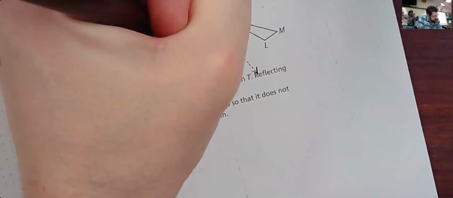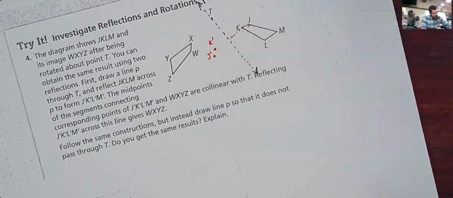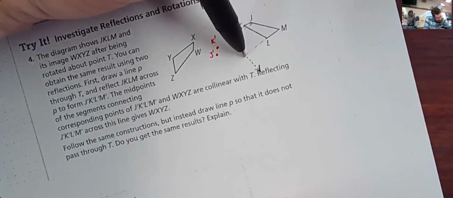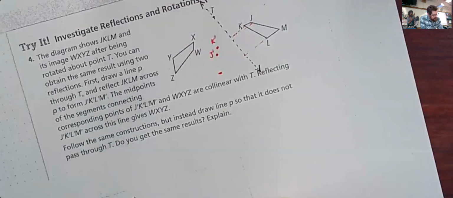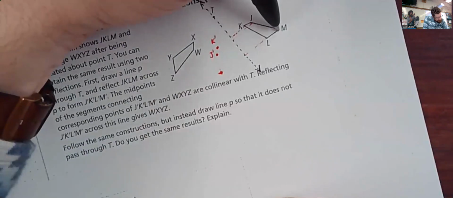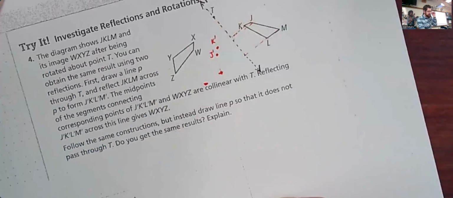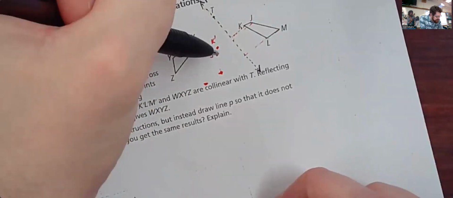So we've got K prime. We've got J prime. And then L prime, let's see, L is going to be 90 degrees here. So about like that. And then that'll put us about there. So there's L prime. And then M will be about here. Let's see if this is actually going to work.